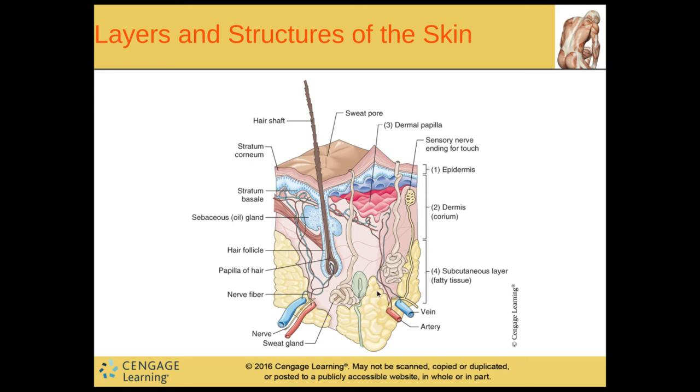Okay. Let's see. There's all these different layers. So this fatty layer is that subcutaneous layer. Okay. And then we have the dermis, which is right under here. And then we have the epidermis, which is the outer layer. Okay. And then here's those sensory nerves. Let's see. This is considered a sebaceous gland. So this is where the hair starts to grow, right?